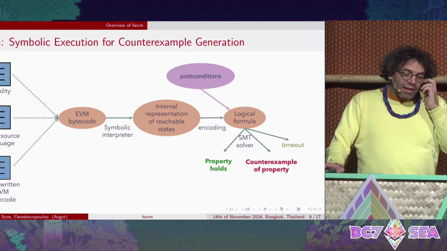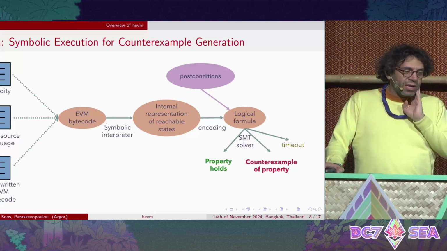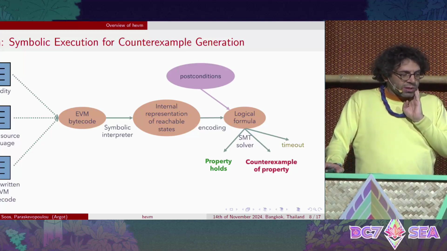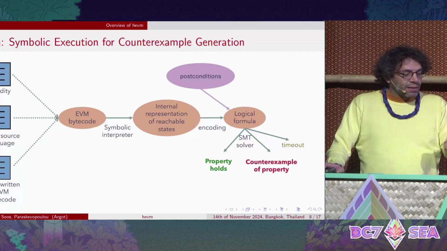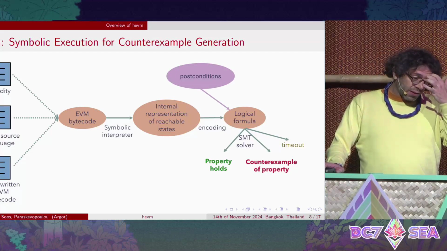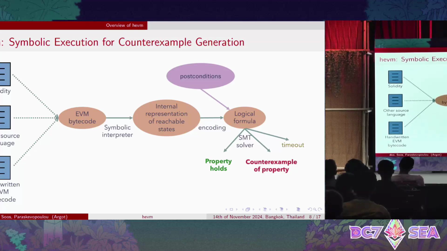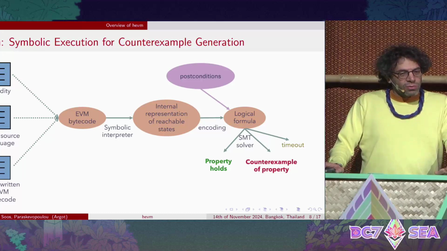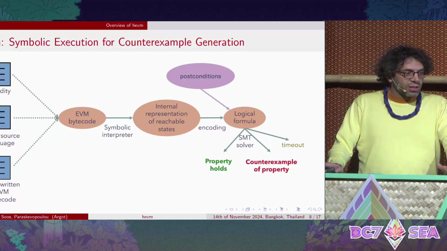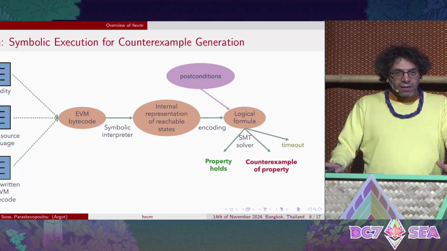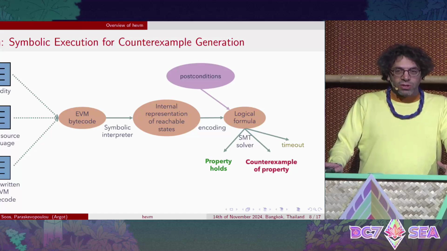So here we have Solidity, Vyper, whatever language you prefer, or even just pure EVM bytecode, and that gets interpreted by the symbolic interpreter inside hevm to produce an intermediate representation. And then this intermediate representation, together with the post condition that you put down, gets compiled into a logical formula that gets sent out to the SMT solver.